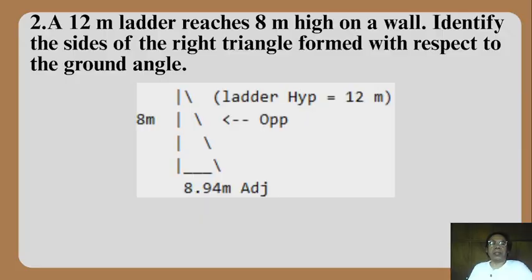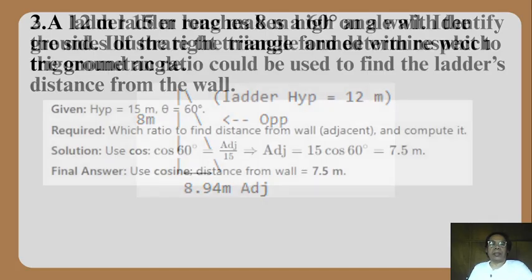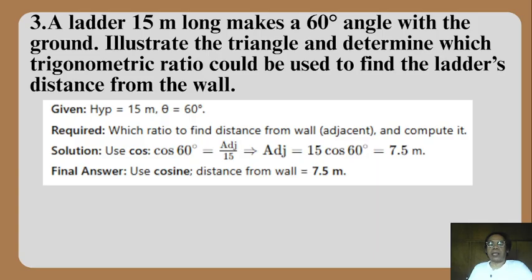And then for number 2, that's the representation. We have the ladder 12 meters, and then the height is 8 meters, and then the adjacent is 8.94 meters.